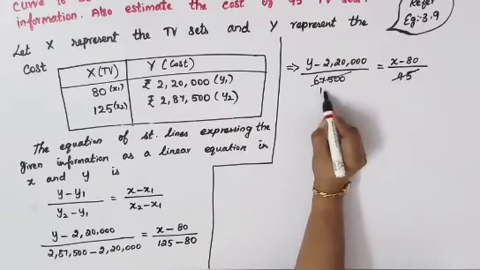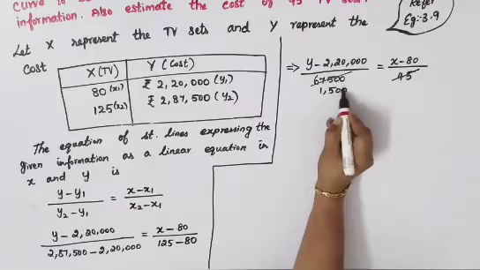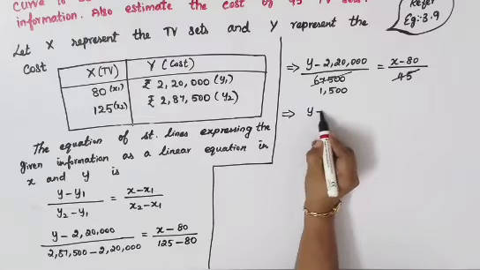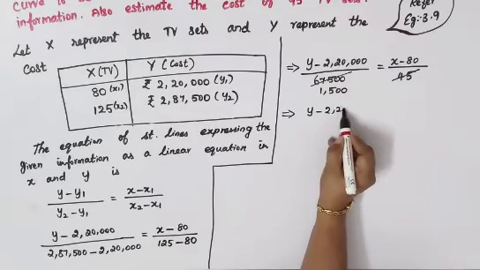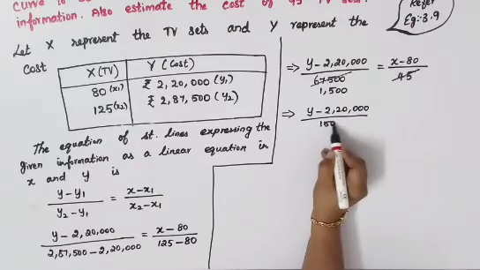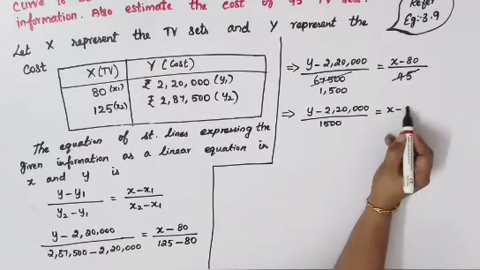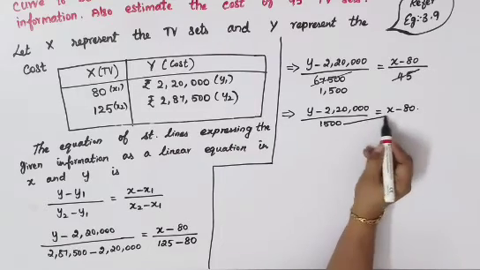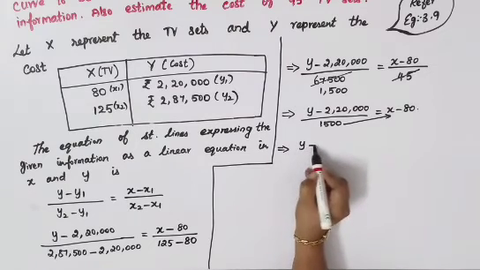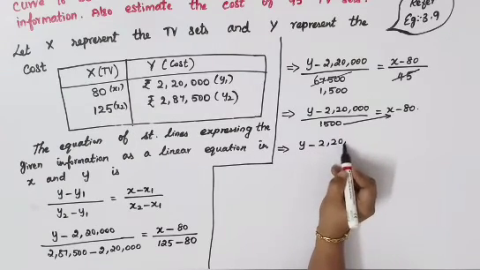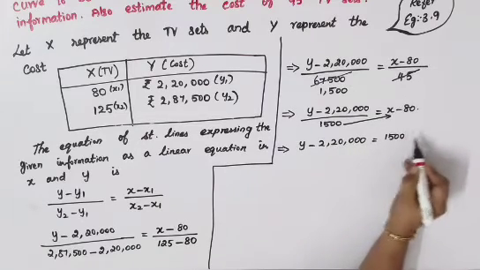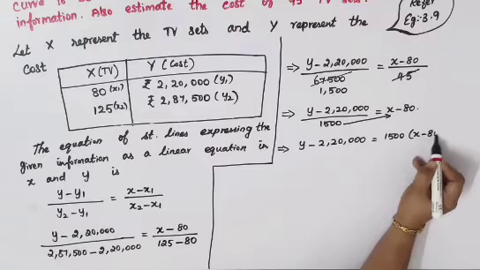You will get 1,500. Every calculation you can do with your calci. Okay. So that implies Y minus this 2,20,000 as it is divided by 1,500 is equal to X minus 80. Now cross multiplying this 1,500, you will get Y minus 2,20,000 is equal to 1,500 into X minus 80.